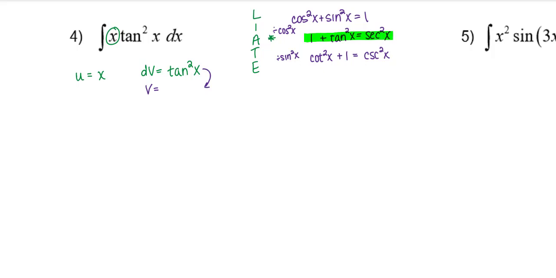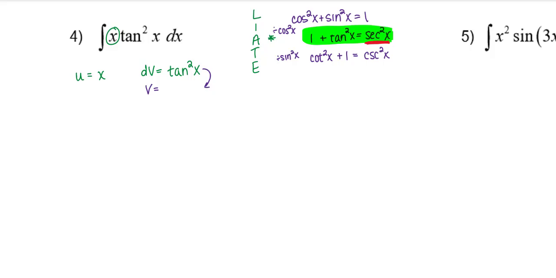Okay, so I'm going to look here at this middle one, and what we hopefully gathered from our Calc 1 course was that because I can integrate secant squared x, we know the antiderivative of secant squared x is tangent because the derivative of tangent is secant squared. Great.